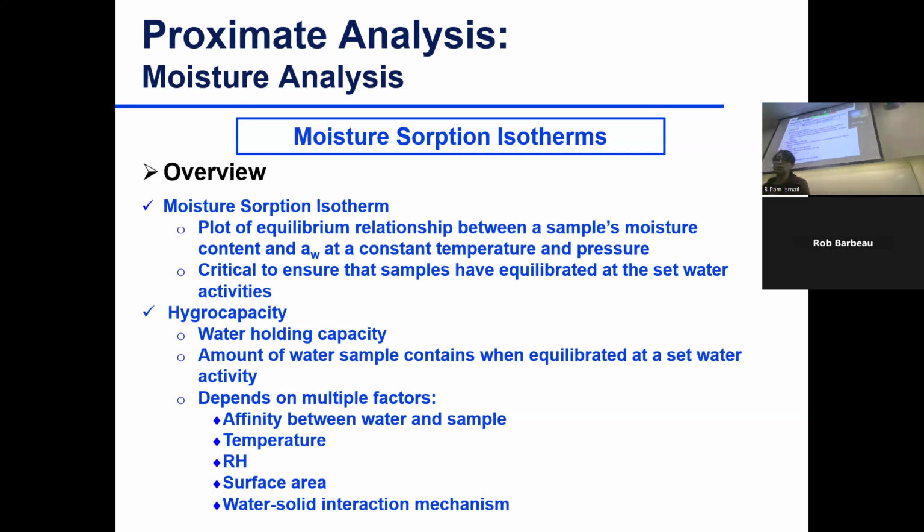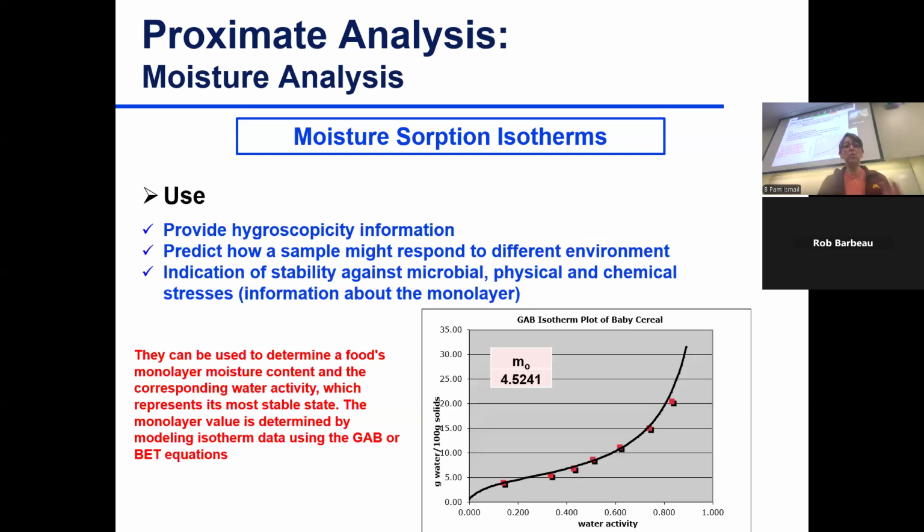In the past, as part of your moisture lab, we used to plot isotherms. The way we used to do it is we took one food product, baby cereal, and stored it at different water activities and allowed it to equilibrate for about 3 weeks.